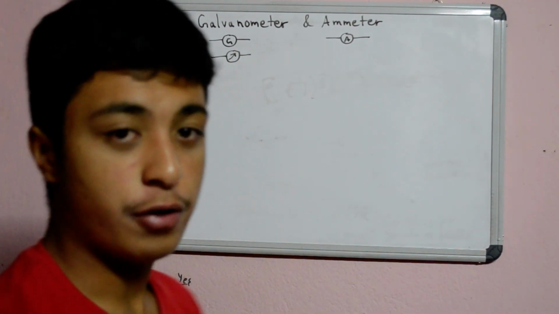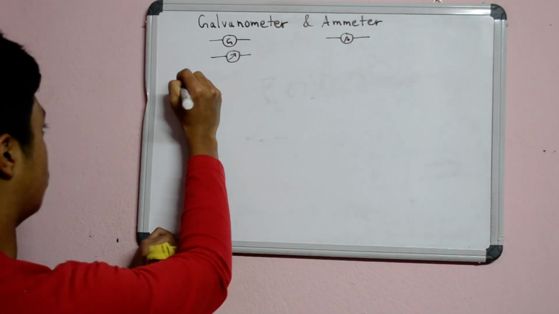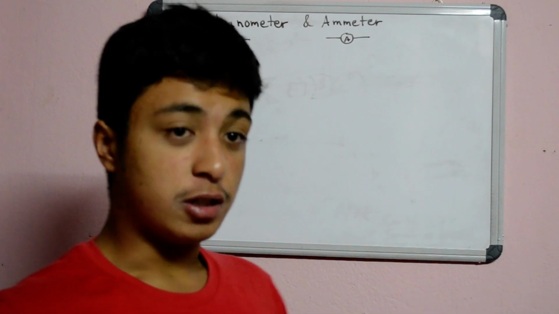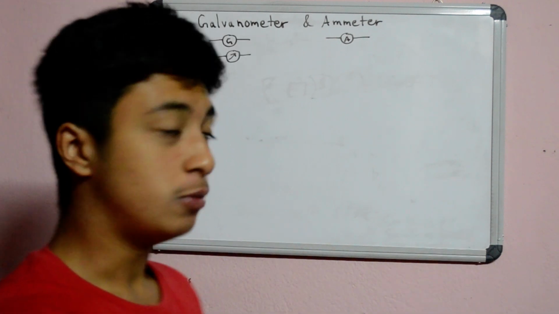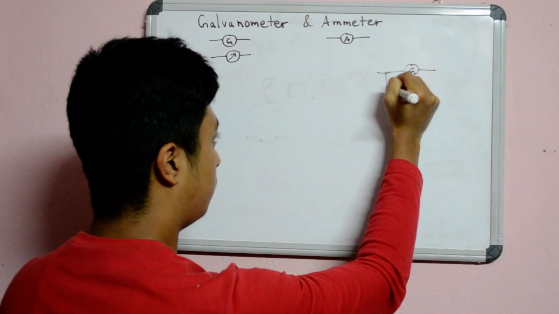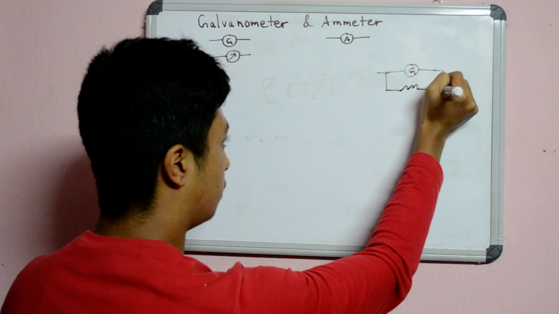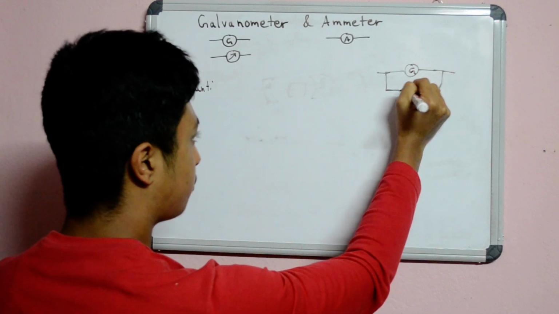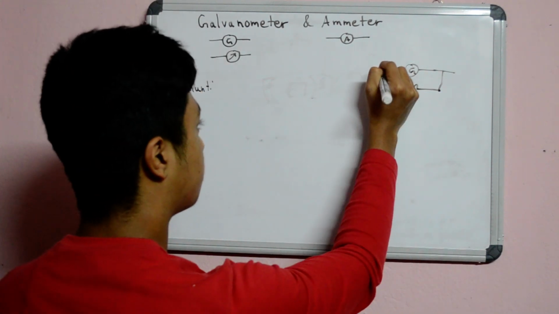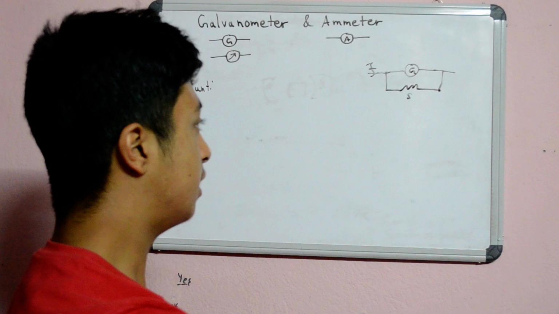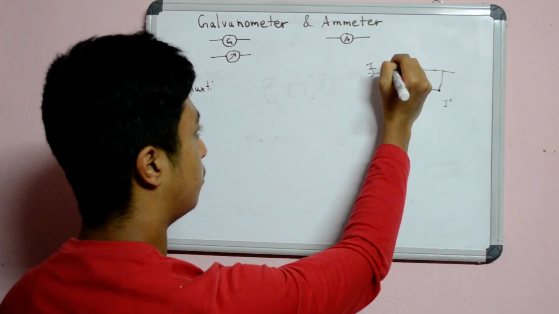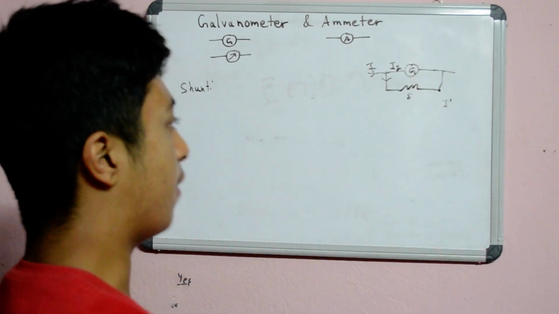So we have to use another device. This device is known as shunt. So shunt is a very low resistance device which is connected in parallel to the galvanometer, so that, let's say a large current I is coming across it, then it will take current I dash, so that current Ig only flows through the galvanometer.